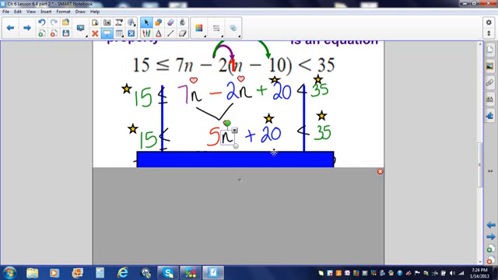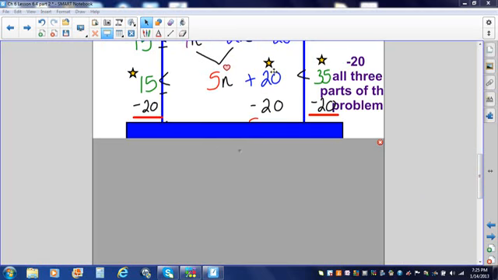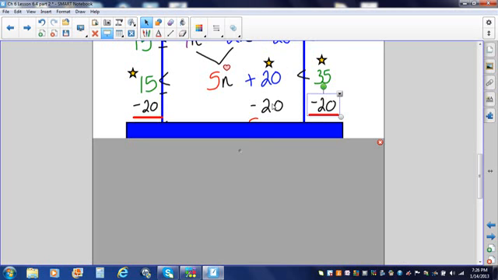Copy down the rest of the problem. Copy down your inequality symbols. The next thing I'm going to do is get my stars together. I'm going to do the inverse of adding 20, which is to subtract 20. Notice I'm going to subtract 20 on all 3 parts of the problem. So I subtract 20 here, I subtract 20 here, I subtract 20 there.